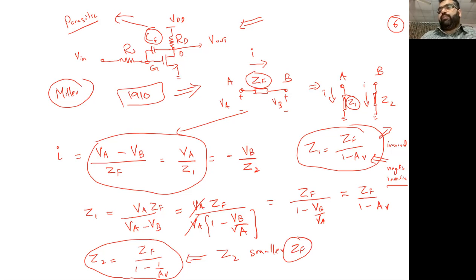So let's apply this to the capacitance. At this moment, we have applied this to the resistance, and we know resistance and capacitance have just an inverse relationship. So we can directly apply this to capacitance. How can we apply it? Let me write the same expression. We just wrote Z1 equal to ZF divided by 1 minus AV.